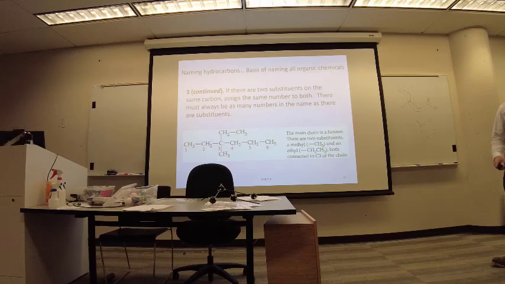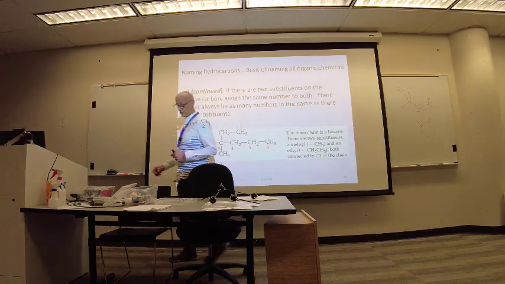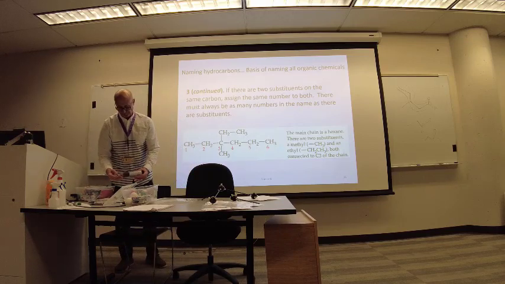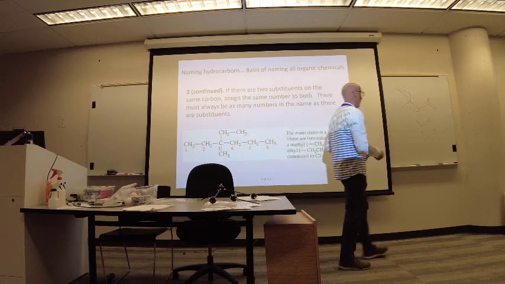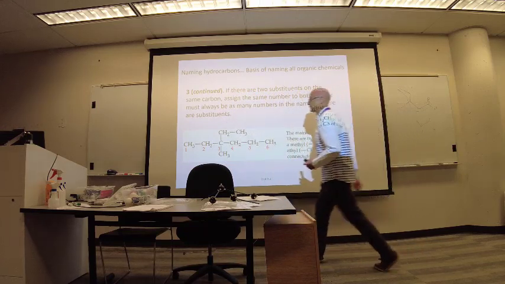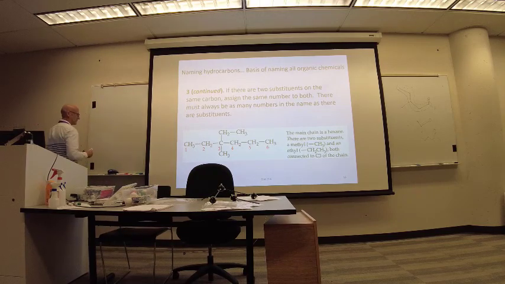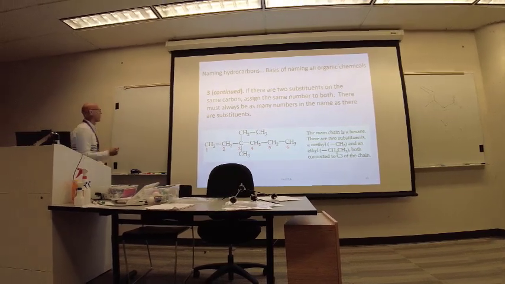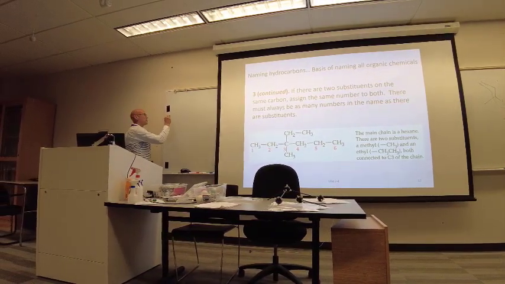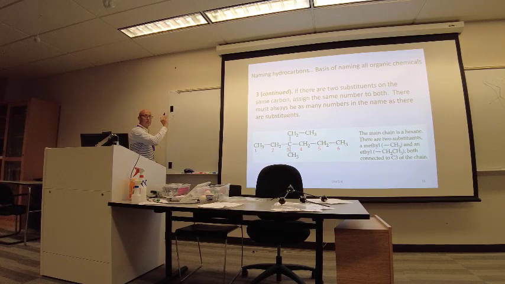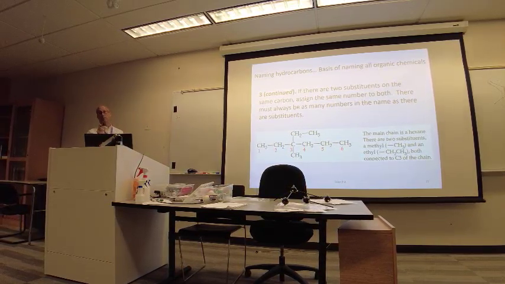And to be proper, you do it alphabetically. So here we go. Whenever I put a number, I always put a dash. This is the notation: you always put a dash before and after every number.